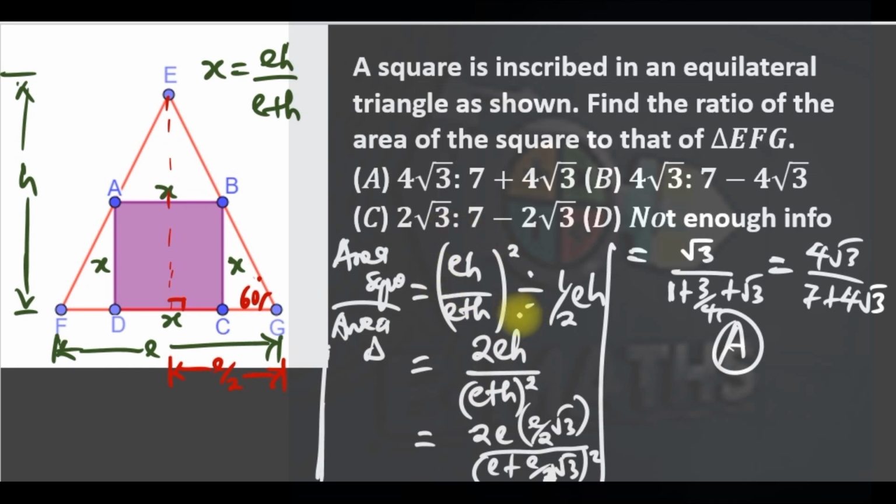So let me prove how this formula, x equals EH over E plus H, comes about, because that's the major thing. That's what made the equation very easy to solve. So let's prove that.